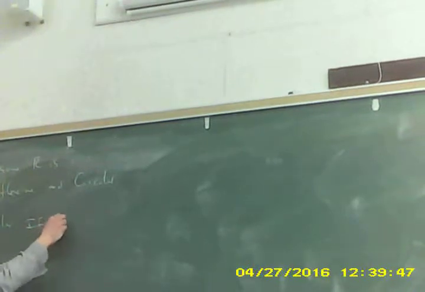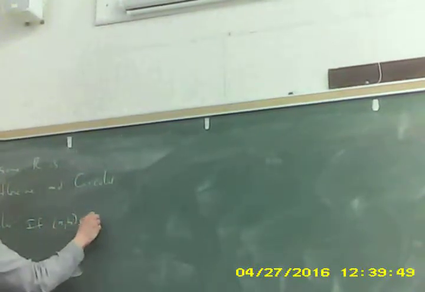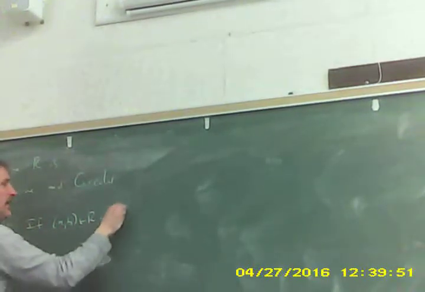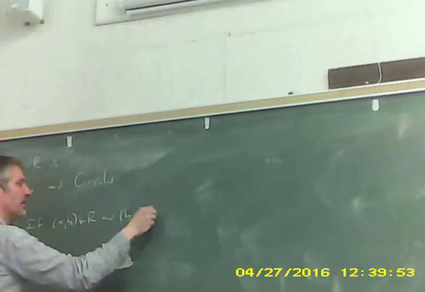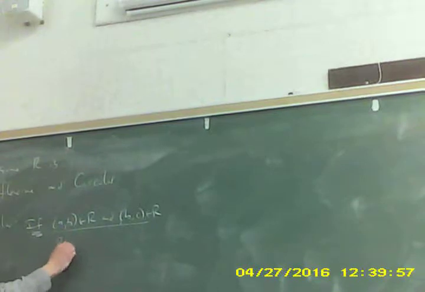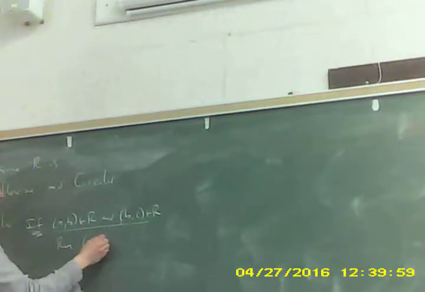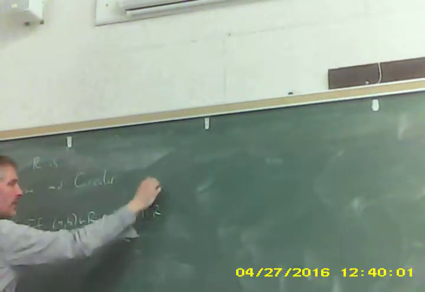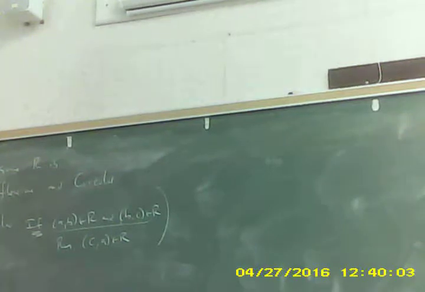If AB is in R, and BC is in R. So notice that's an if. Then CA is in R. This doesn't imply in any way, shape, or form that AB and BC are in R.